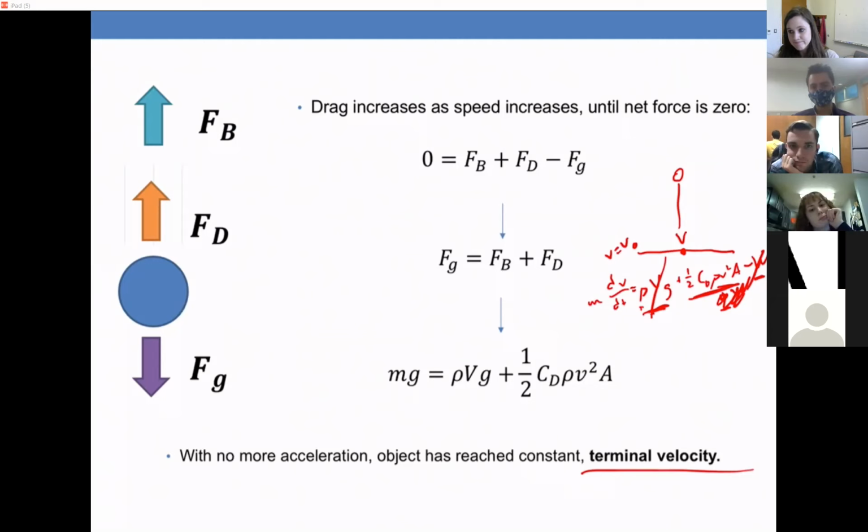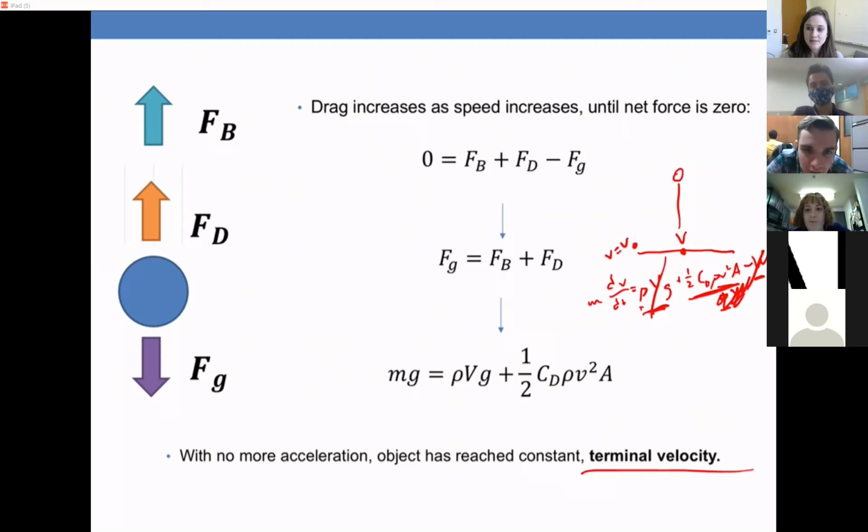And as it slows down, the drag gets smaller and smaller until the drag is zero. Yeah, so the drag is slowing it down, and as it slows down, the drag gets smaller until eventually it stops and the drag force goes to zero at the same time. Exactly. And that's why the density of the object has to be the same as the fluid for that to happen. Yes. That makes sense.